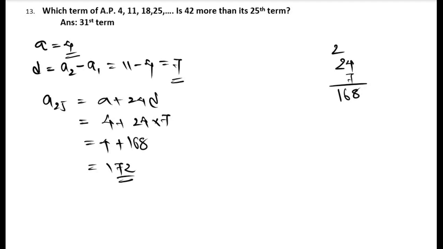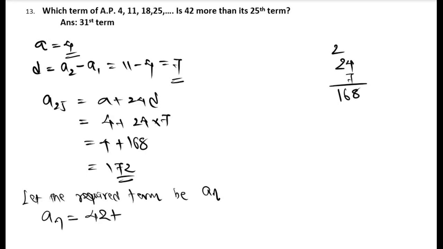So let the required term be an. So we have to find that term an. And what is an equal to? That nth term an is equal to 42 more than the 25th term, 42 plus 172.